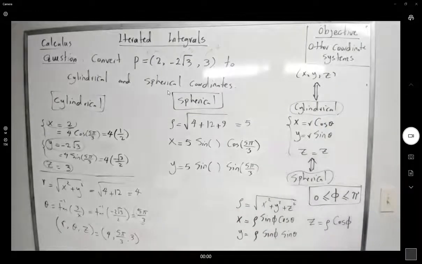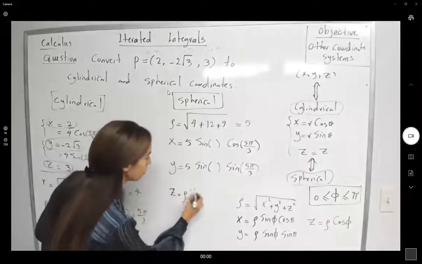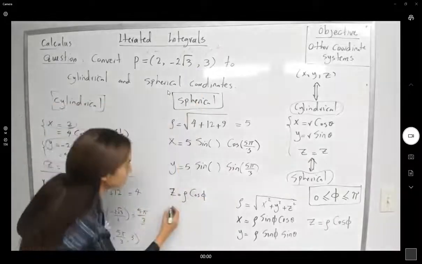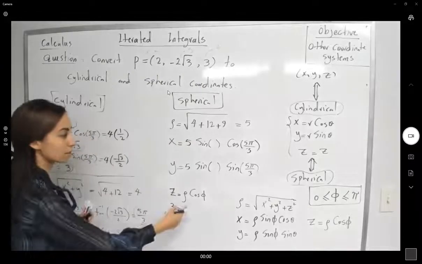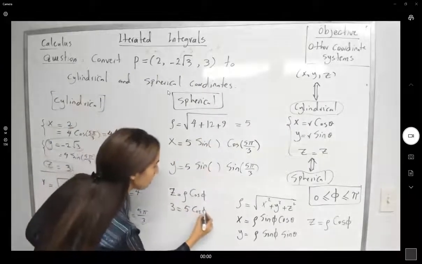Well, what you can do, you can say that my z is equal to, you can use one of these equations. The last one is an easy equation to use. We know that z is equal to rho cosine of phi. What is z? Z is equal to 3. 3 is equal to, what is rho? We calculated rho to be 5, times cosine phi.